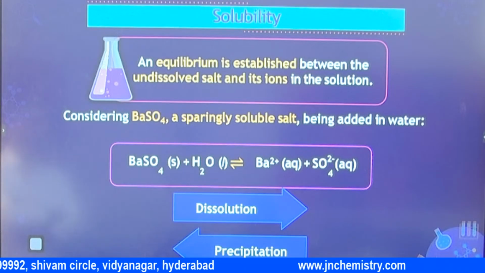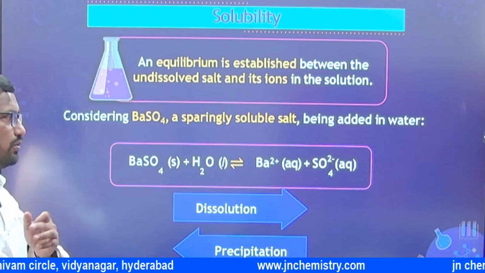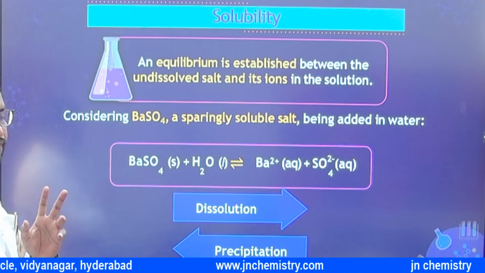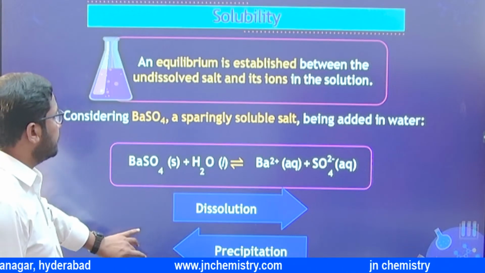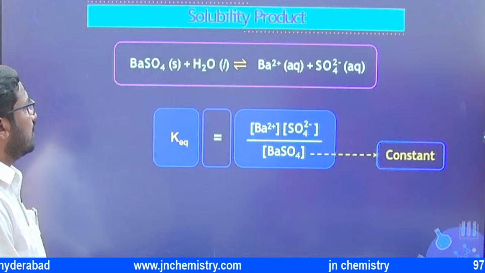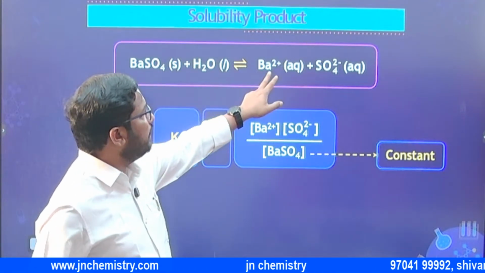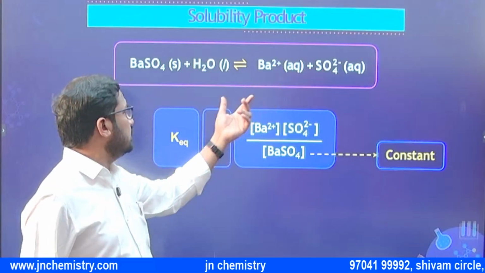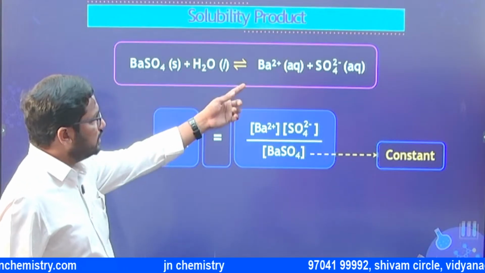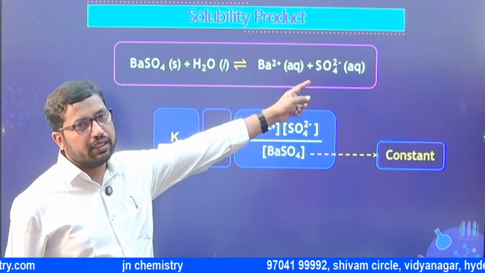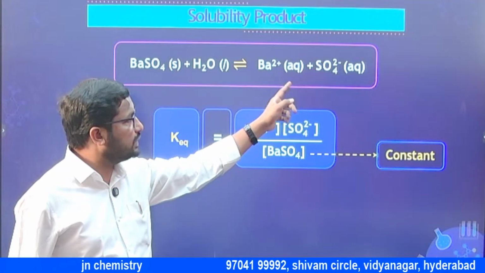Here we have different types: AB type, AB2, AB3, A2B3 types. We'll discuss that. For example, BaSO4 solid is in equilibrium with Ba2 plus and SO4 2 minus.